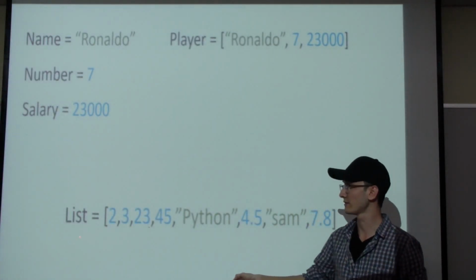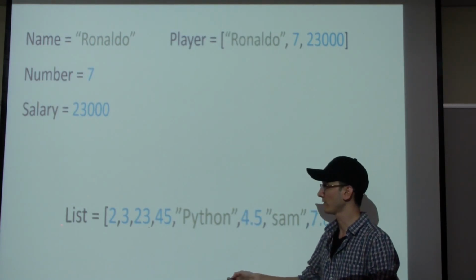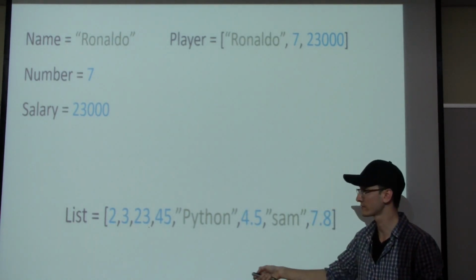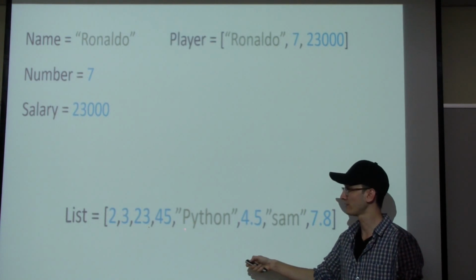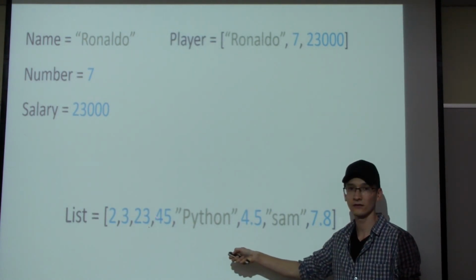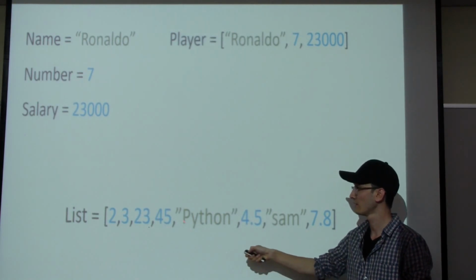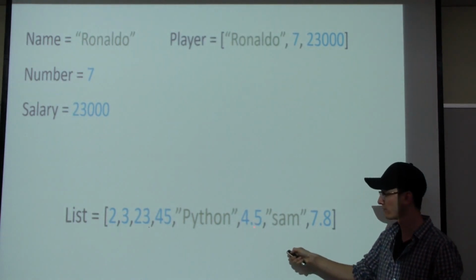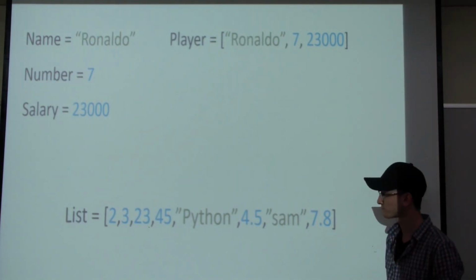So this is another list we created. We gave the name list, and it takes values 2, 3, 23, 45. What kind of data are they? Integer numbers. String, comma, Python, string, comma, 4.5, float, comma, string, comma, float.